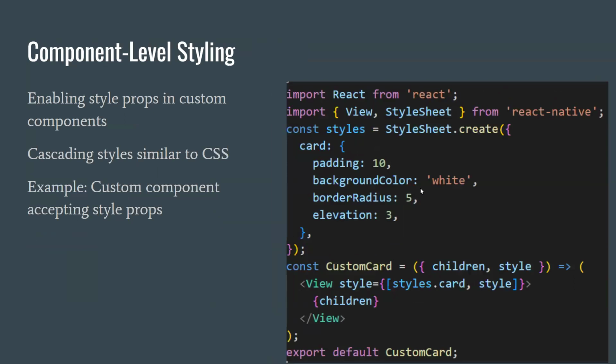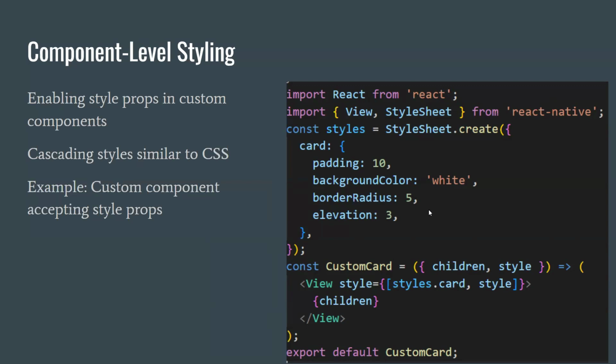Component level styling. So this is an effective pattern in React Native, which is allowing components to accept their own style props, which can then be used to style subcomponents. This, if you're familiar with CSS, mimics the cascading feature of CSS and provides a powerful way to theme your application dynamically.